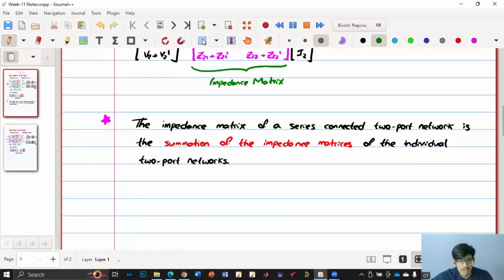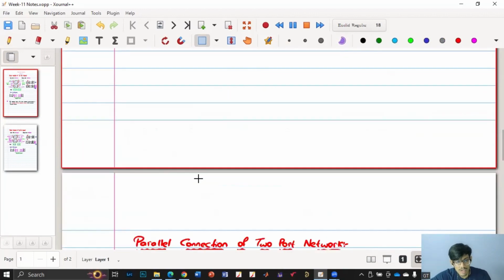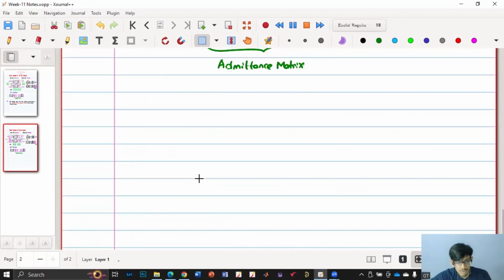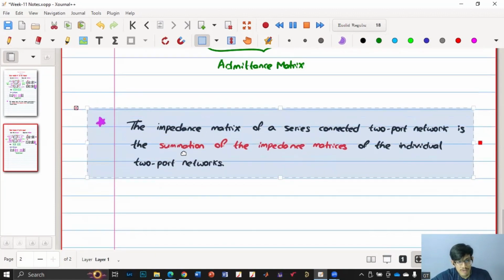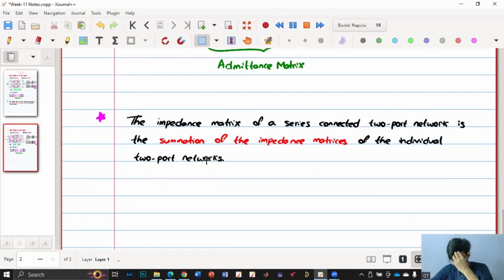So now here, the entire logic remains same. Here, instead of the impedance matrix, we have the admittance matrix. So I'll just erase it and modify it.